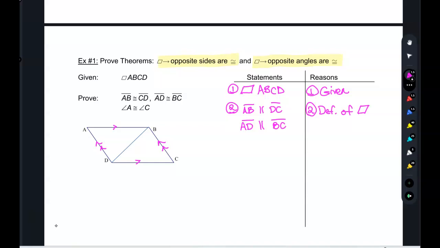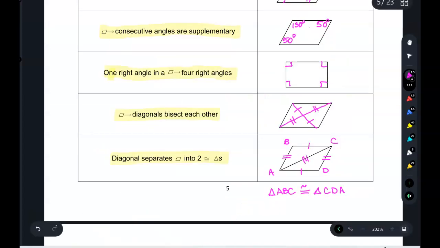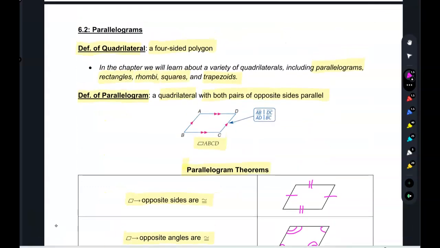Okay. So I'm trying to get these two sides congruent, these two sides congruent, and angle A congruent to angle C. We're going to prove the triangles are congruent, without using that last theorem. In other words, we're just going to go based on this to prove these two theorems.